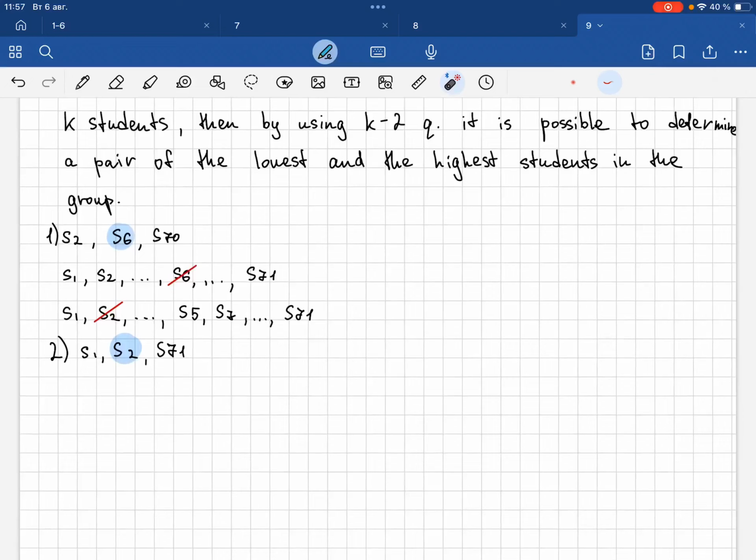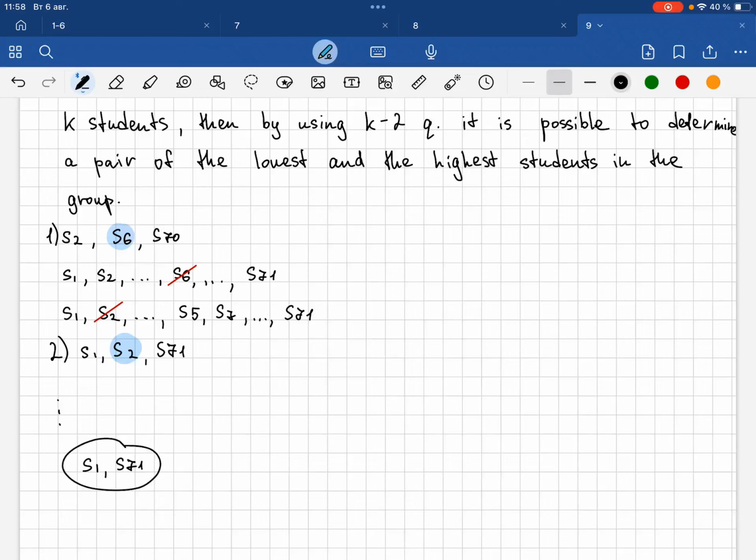Okay, and notice that if there are more than two students who are not crossed out, then we should continue to ask our questions. So here on the first half we have 71 students, here we have 70 students, and at some particular moment after several steps we'll have only two students, S1 and S71, and this will be our last step.